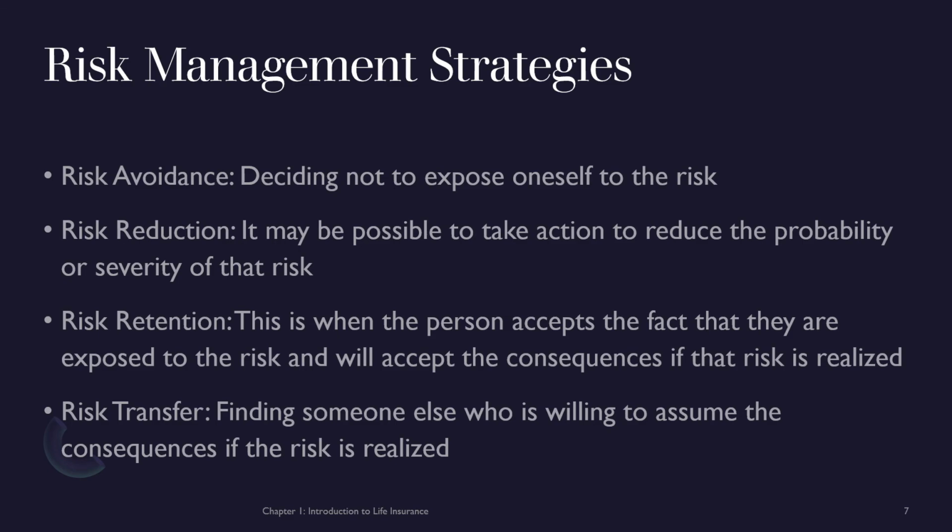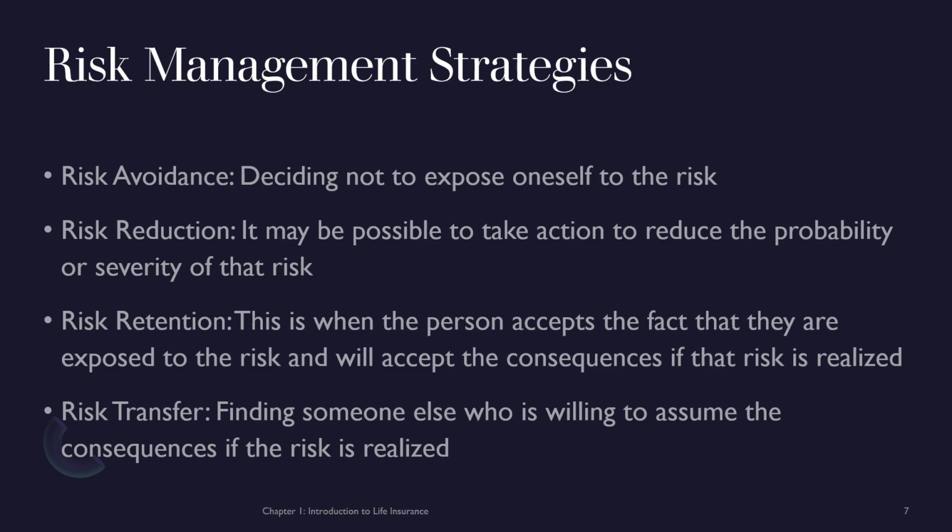Risk transfer is finding someone else who is willing to assume the consequences if the risk is realized, and basically this is life insurance. For example, all of those financial tragedies that I just went over, one solution with a risk management strategy is risk transfer, which is basically transferring that risk off to the insurance company, so that if someone does pass away and there is that financial tragedy, the insurance company will pay the family the money so that they don't have to deal with that.